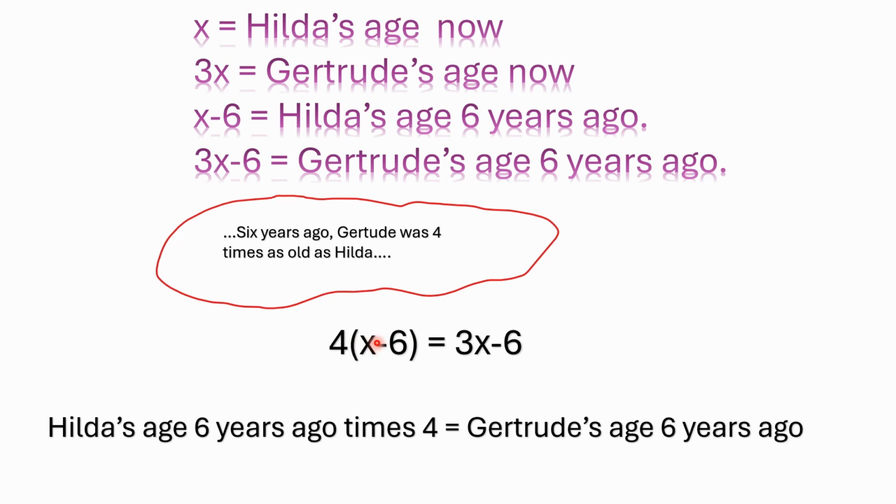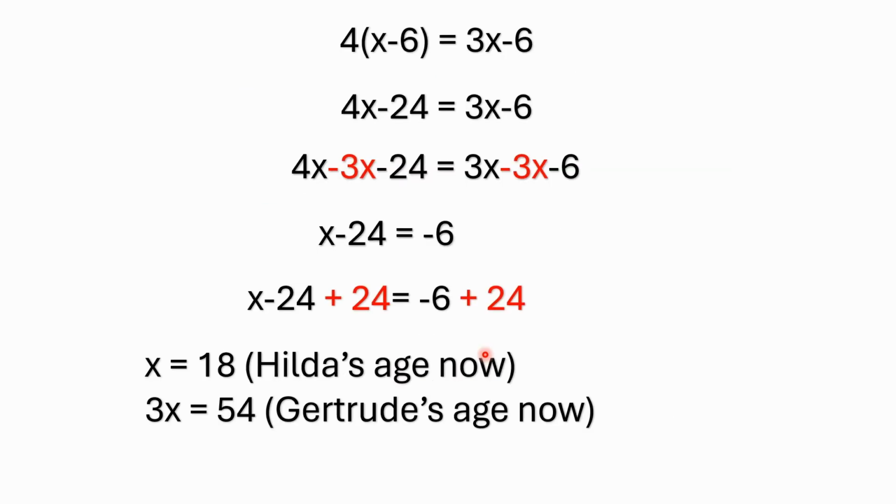So we would multiply x minus 6 by 4 and set that equal to Gertrude's age 6 years ago, which is 3x minus 6. All right, so if we try to simplify that, 4 times x is 4x. 4 times minus 6 is minus 24. So 4x minus 24 equals 3x minus 6.